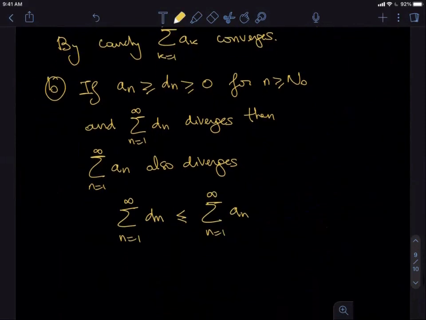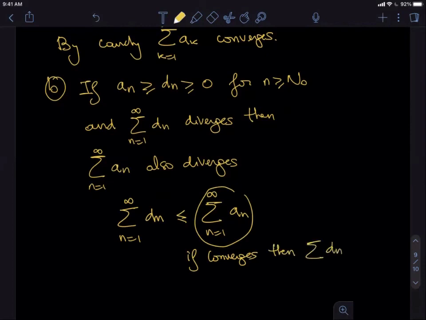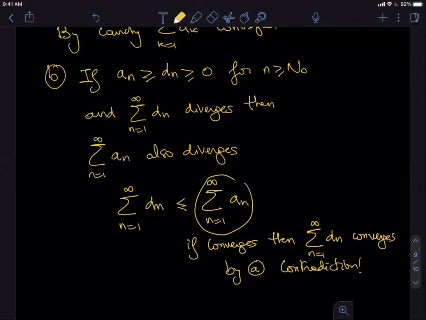And if we have that the larger one converges, then the smaller one must converge. But that's a contradiction, because we are assuming that the sum of the dn diverges.